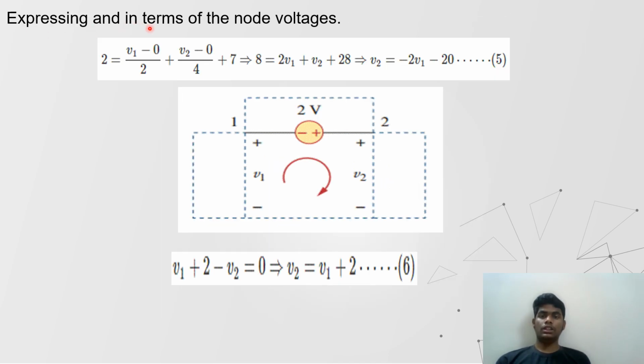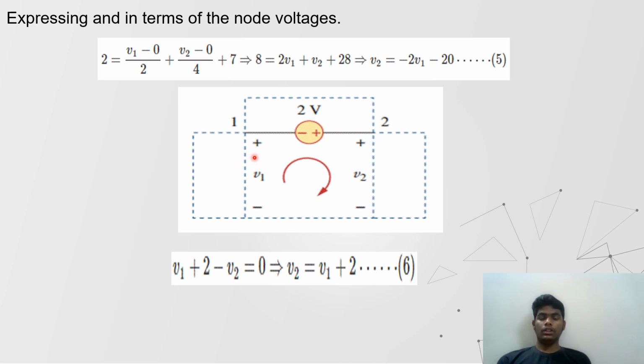Expressing in terms of node voltages, 2 is equal to (v1 minus 0) by 2 plus (v2 minus 0) by 4 plus 7, that is equal to 8 is equal to 2v1 plus v2 plus 28, that simplifies to v2 is equal to minus 2v1 minus 20, that is the fifth equation.